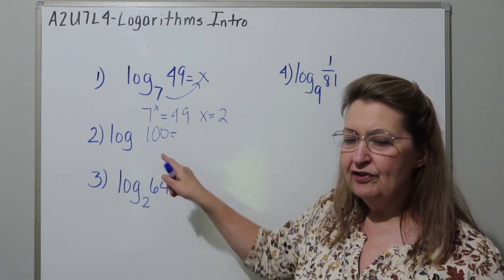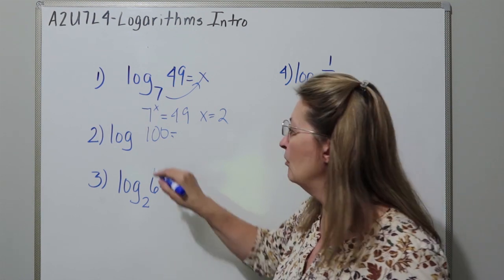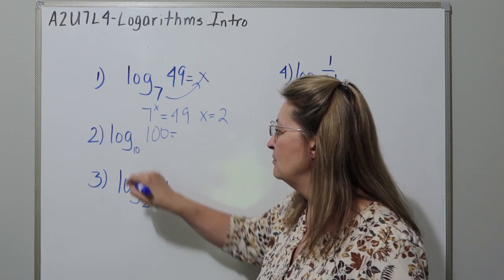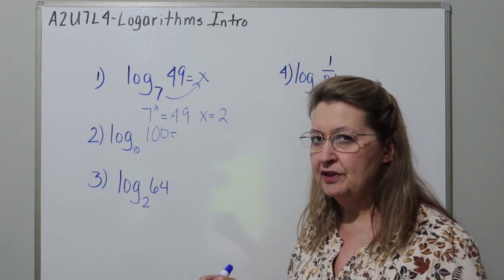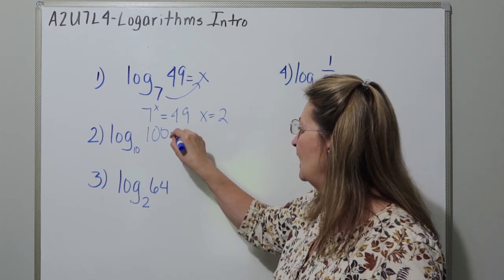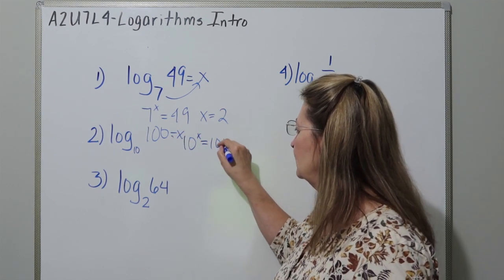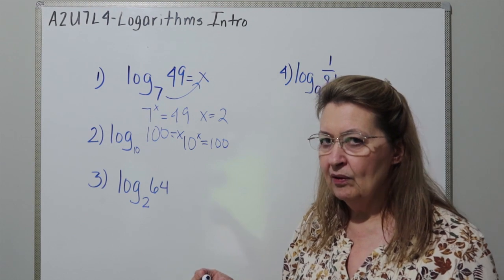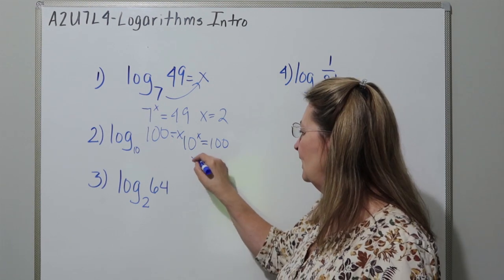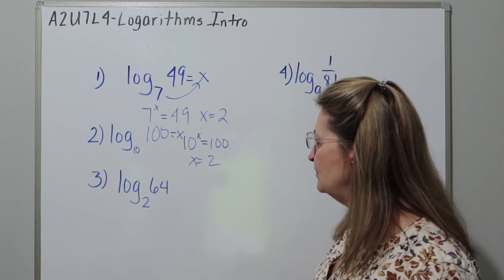If there's nothing down there, what's actually your base? Common log. So this is actually asking me log base 10 of 100 is what? Base 10 to the x power equals 100. 10 to the what power is 100? So x is 2.